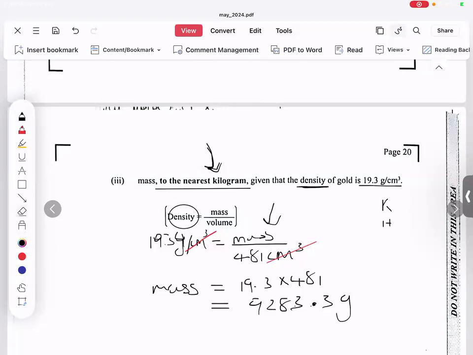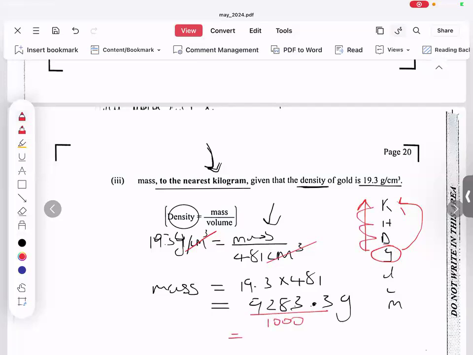So we're trying to convert from what? Grams to what? Kilograms. And according to the rule, if you're converting from a small to a big, we're going to divide. Divide by what? 10, 100, 1,000. So let's divide this by 1,000.